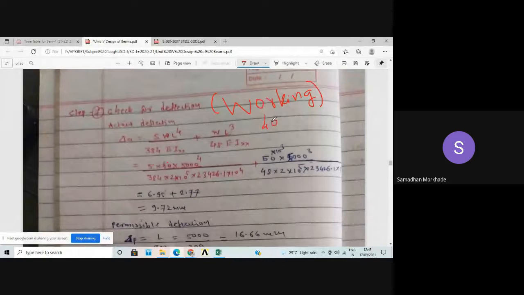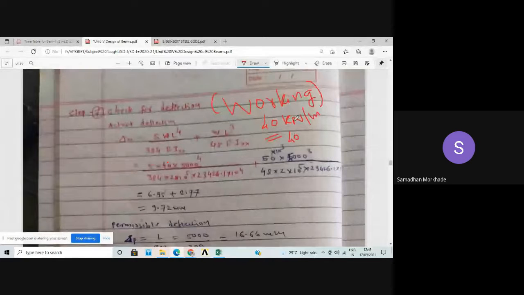The UDL is 40 kilonewton per meter. If you convert this 40 kilonewton per meter into Newton per mm, it remains the same. How?